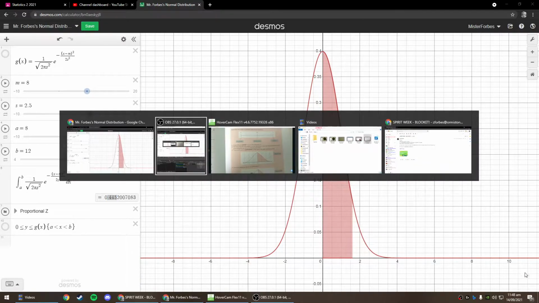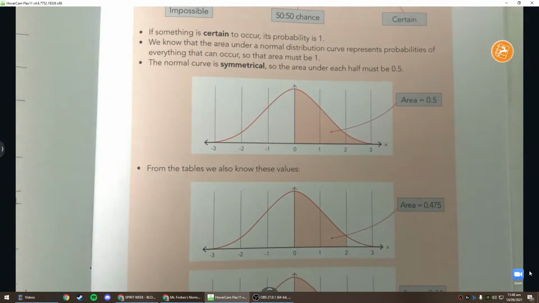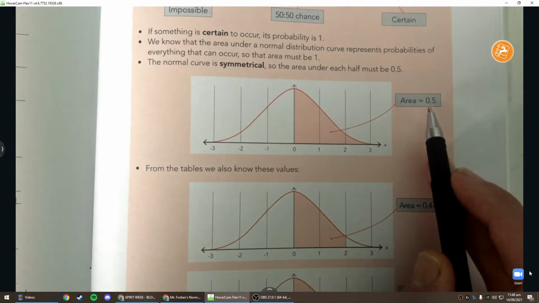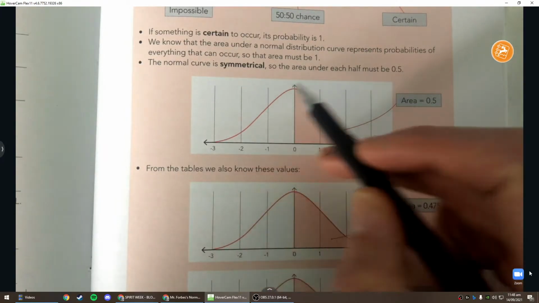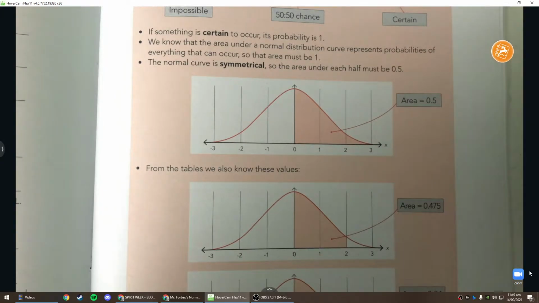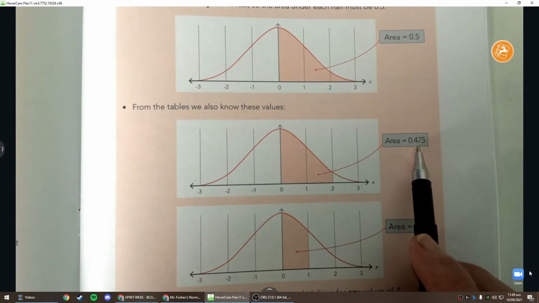So let's go back to the book for a second. The book's trying to explain to us that if we have half of the area, then it's going to be equal to 0.5. That seems pretty obvious. If the whole thing is 1 and this is symmetrical, then half of it is going to be equal to 0.5. Where do they get this value from here?